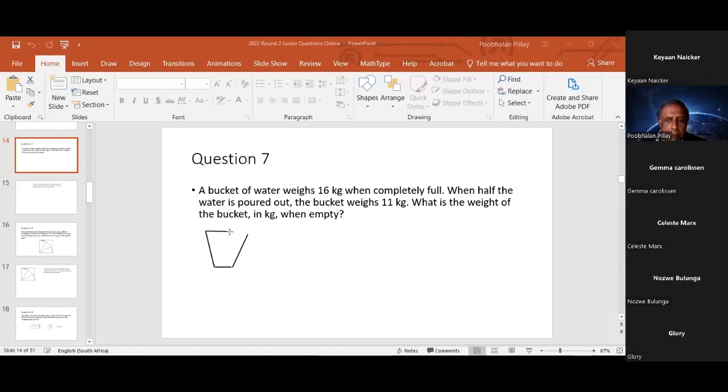So when it's completely full, it weighs 16 kgs. So the weight of the entire bucket together with the water is 16 kgs. Now when half the water is poured out, so just the water is poured out, the bucket weighs 11 kilograms.